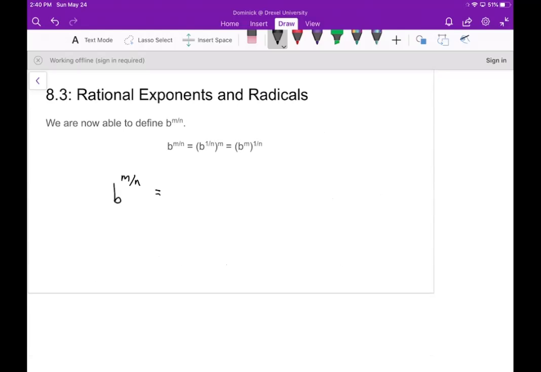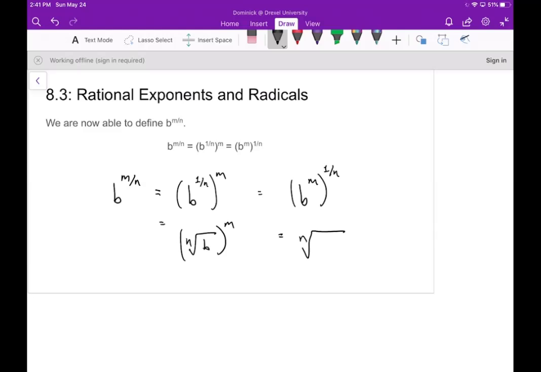You can think of this as b to the 1 over n all raised to the m power, which is the same as the nth root of b all raised to the m power. Or you could even think of it as b to the m to the 1 over n, or the nth root of b to the m.